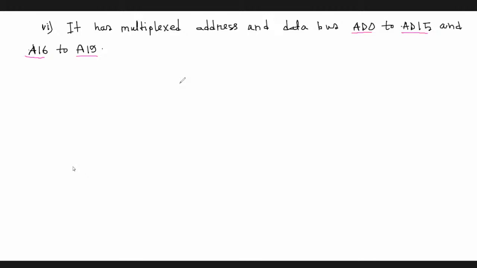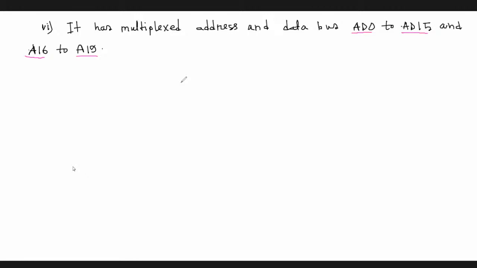There are 20 bits in total. Within that 20, 16 bits can act as a data bus as well as an address bus, AD0 to AD15. And A16 to A19 act only as an address bus, because the address bus is total 20 bit and the data bus is total 16 bit.